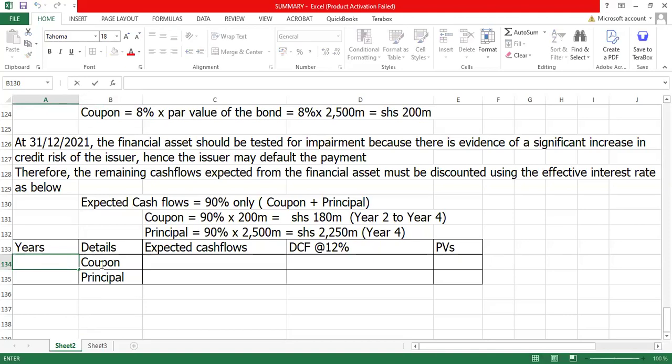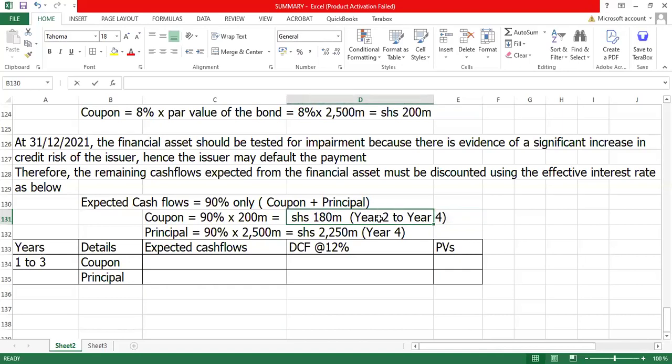Year 2 will be like your year 1. So you will be looking at from year 1 to year 3, because the remaining cash flow is for only 3 years.